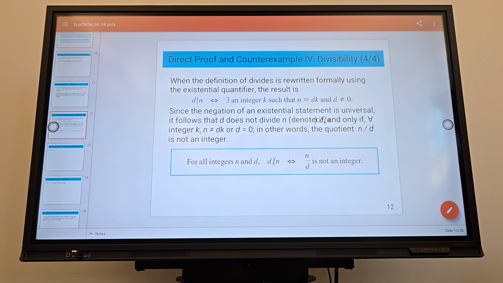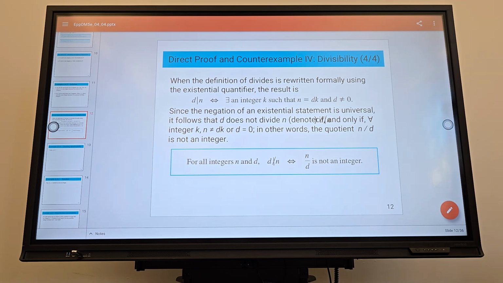When the definition of divides is rewritten formally using the existential quantifier, the result is: d divides n if and only if there exists an integer k such that n equals dk and d does not equal 0.